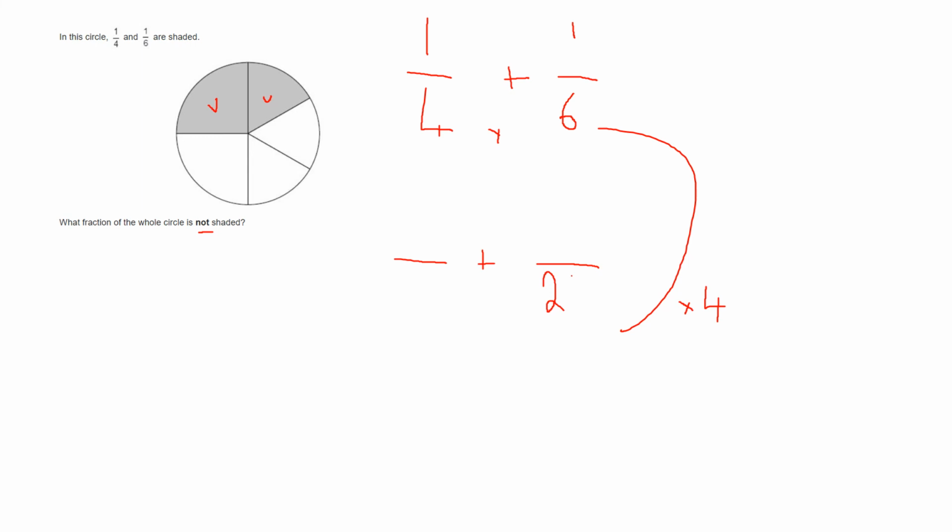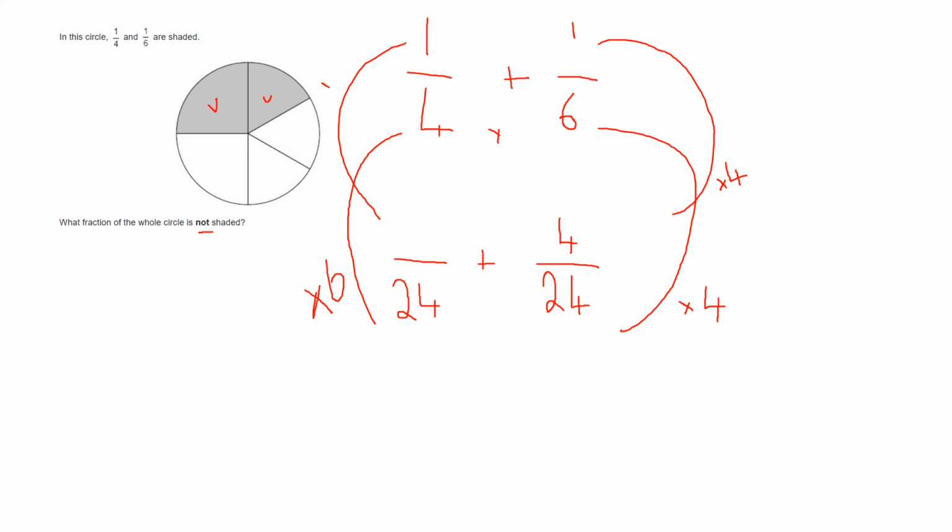So I'll do 4 times by 6, which is 24. And of course, what I've done to the bottom, I must do to the top. So I'm going to do 1 times by 4, which is 4. And 1 times by 6, which is 6.